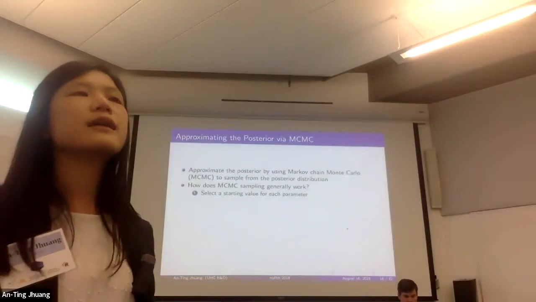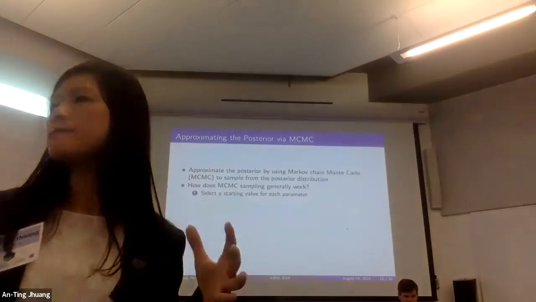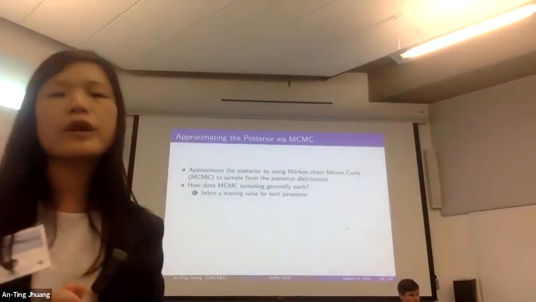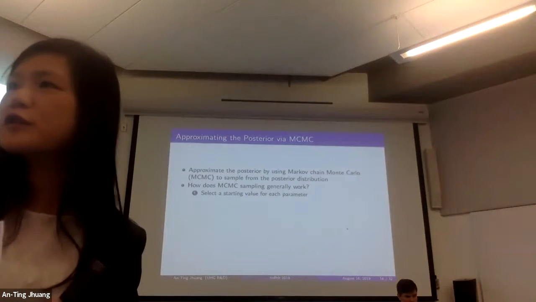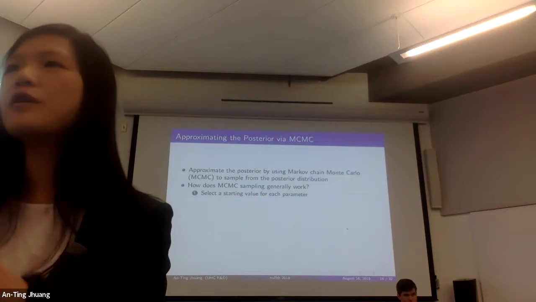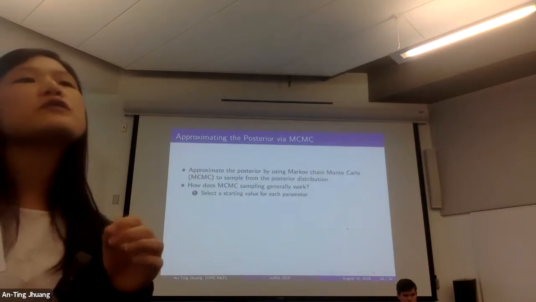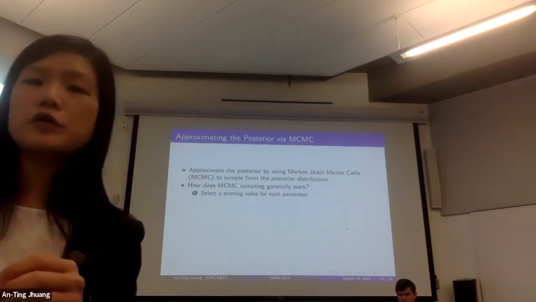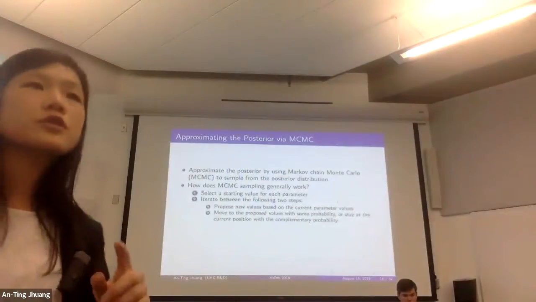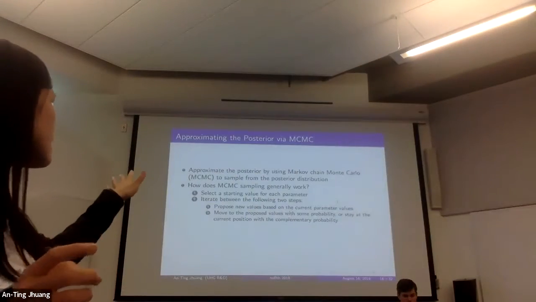Okay, so let's see how this MCMC sampling actually works. First, we have to choose a starting value to let it run. It's an iterative process, so you have to put something in and let it run. Then it will iterate between two steps.